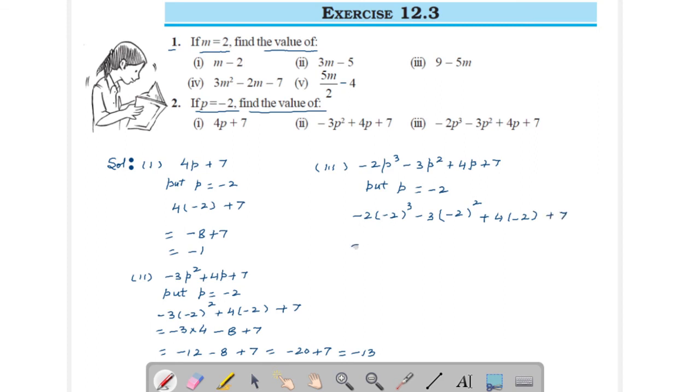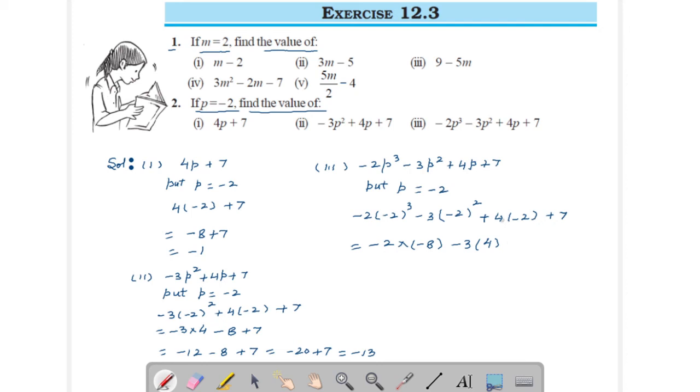Solve it. You will get minus 2 into minus 2 raised to power 3, means minus 2 into minus 2 into minus 2. You will get minus 8 minus 3 into minus 2 square, means minus 2 into minus 2, it is 4.